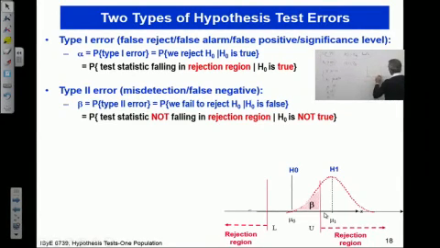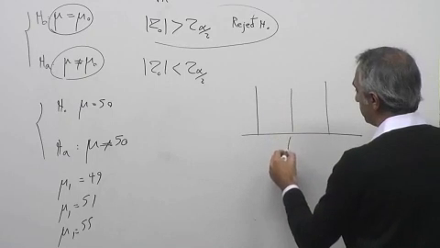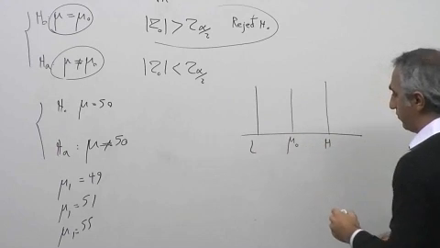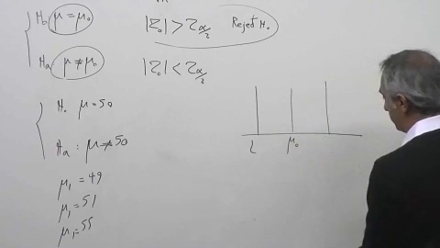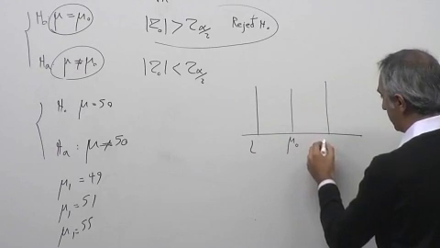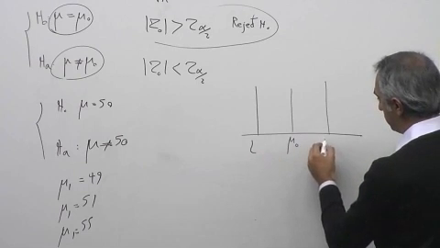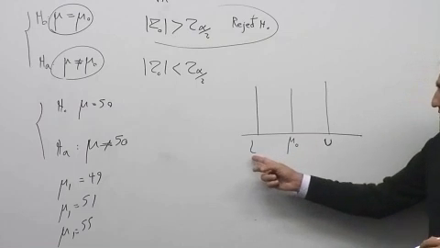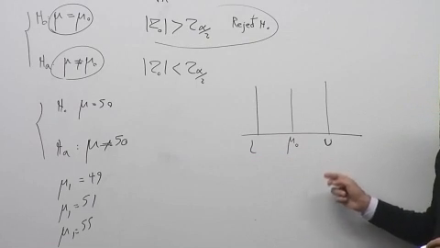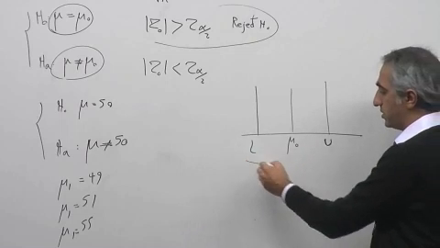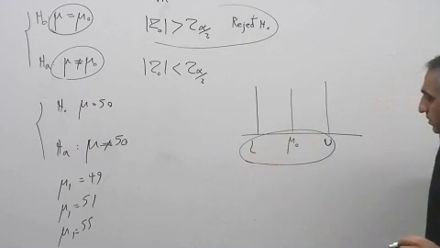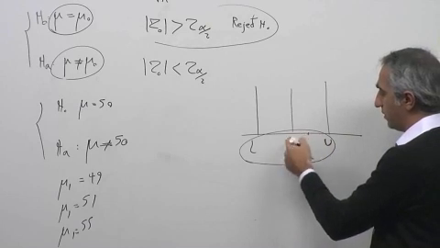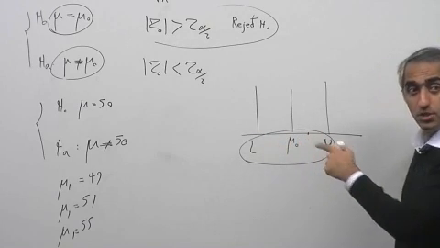Okay, so what you are saying is you have a sample, and using this sample you find a confidence interval. Now I understand what you're saying. So if your mu 0 is here, and if this is the confidence interval, this is the lower limit, this is the upper limit, and based on this confidence interval, if your mu 1 is somewhere in between, then you cannot reject it.